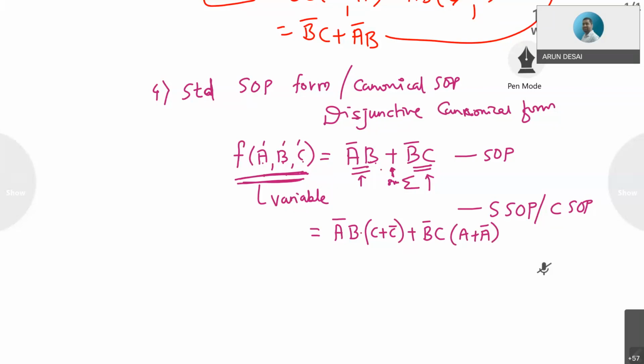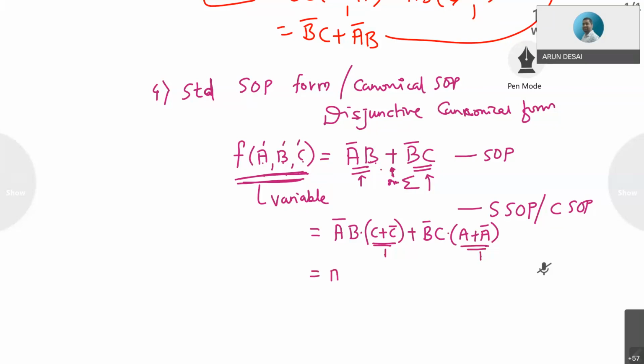Why we are actually multiplying C plus C complement? Since this becomes 1, this is also 1, right? If we multiply any term with 1, the value doesn't change, right? So the value of that term keeps as it is. So we are actually multiplying 1 to that term in another form, right?